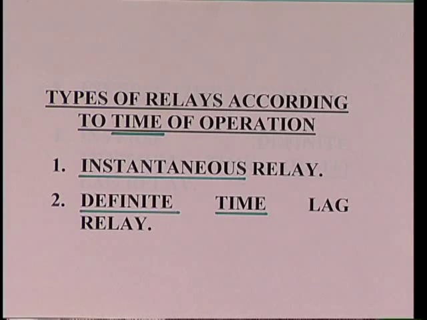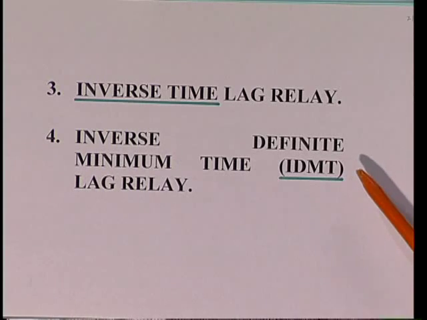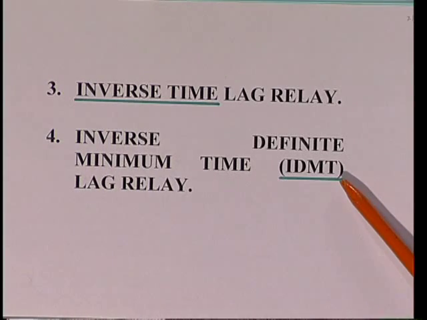Next, the second type is definite time lag relays. In these relays, the time of operation is sensibly independent of the magnitude of the current. These are the two types of relays. Other types are the inverse time lag relay and the inverse definite minimum time, or simply IDMT, lag relay.